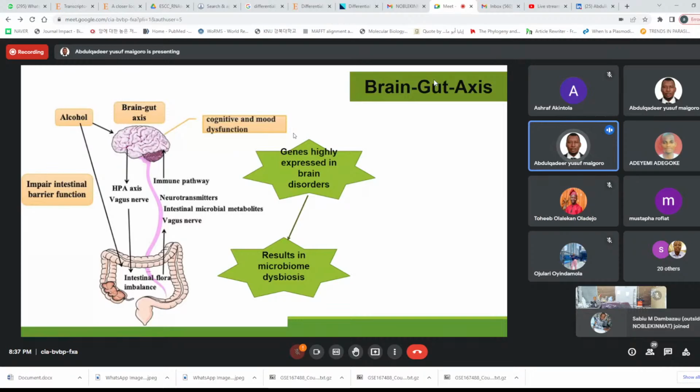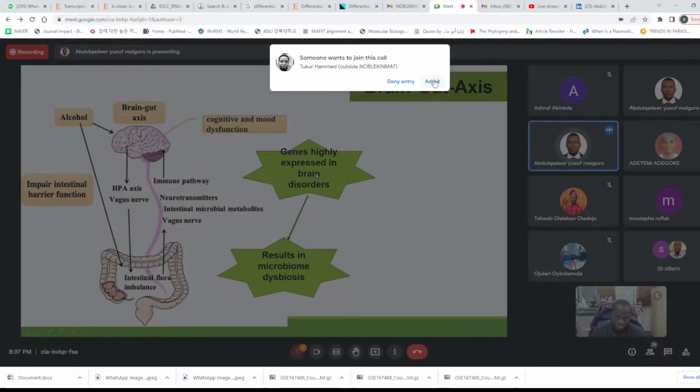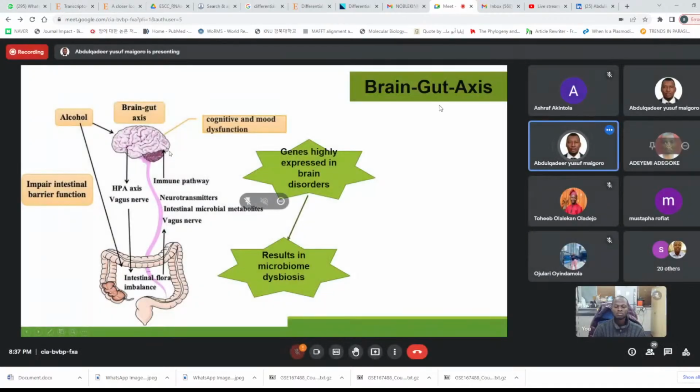There are many examples you can see. So this gene is highly expressed in Parkinson's disease. This gene was found highly expressed in autism. This gene was identified as a marker of depression and all that. So these genes don't just cause the brain disorders. Rather, at the same time, they were also found to create a kind of dysbiosis in the gut microbiome.